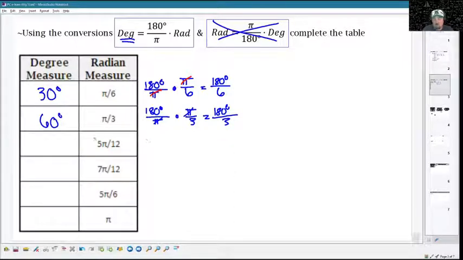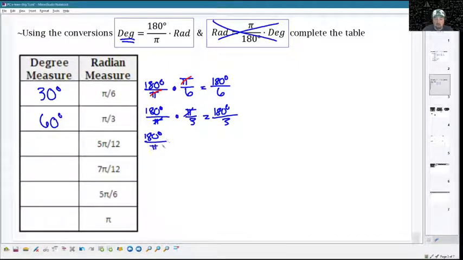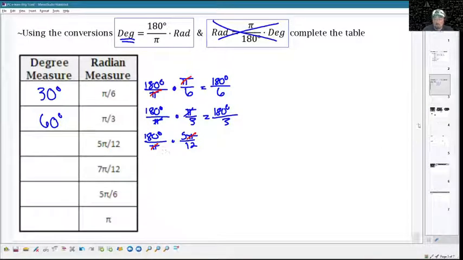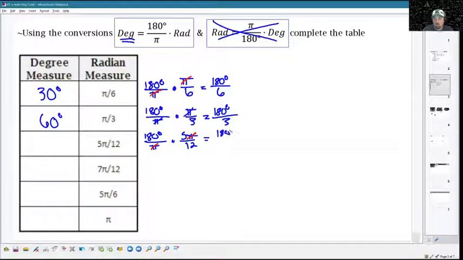One that you want to be careful with that you could easily make a mistake with is this 5 pi, sorry, let me start with my conversion factor like we did before. Is a 5 pi over 12, but we want to do 180 over pi first. We want 5 pi over 12. And the pi is still going to cancel, but we've got a number on the top here. We just got to be cautious when we go and plug this thing in the calculator, because we want 180 degrees times 5, and then we want to divide that by 12.